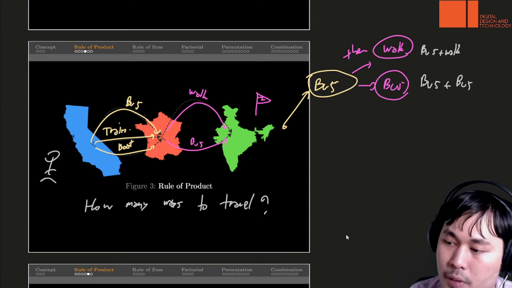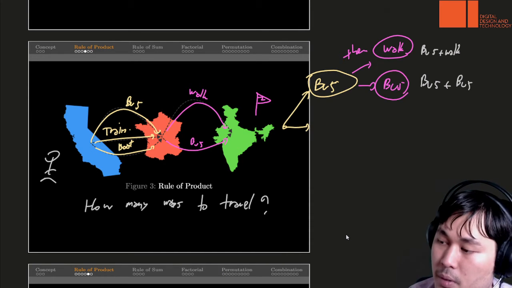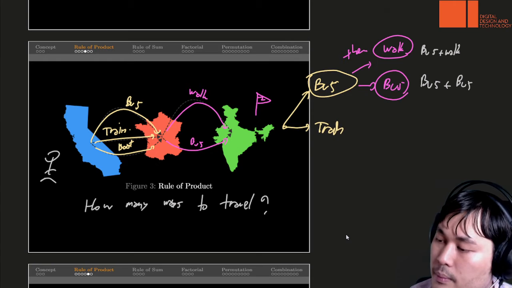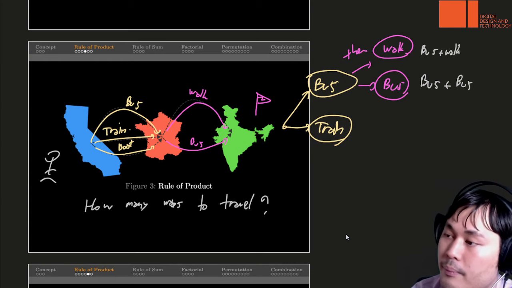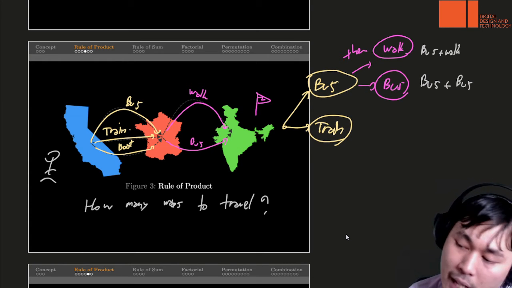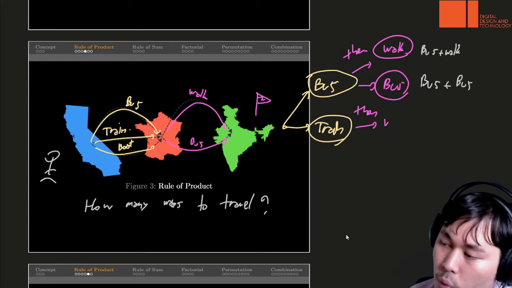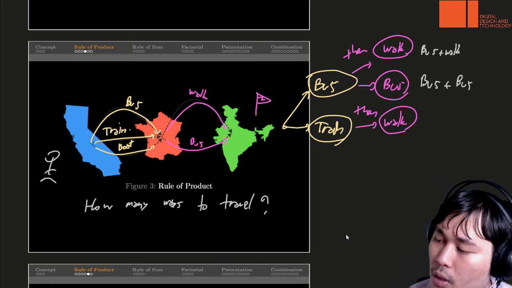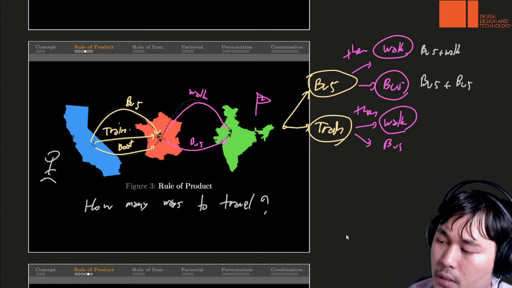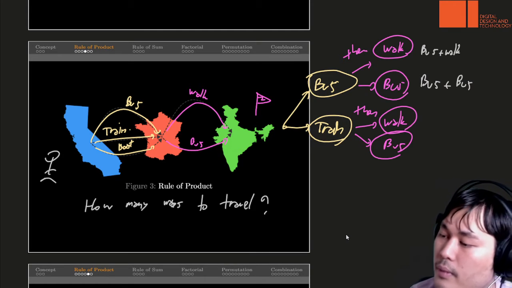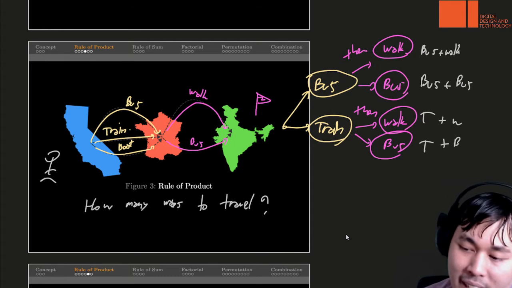And you have to repeat that for all the possible choices on the left. So if you start with a train, for the second half there are still two options for you to choose. You can take a train, then walk. And you can take a train, then take a bus. Train, then bus. Let me abbreviate that.